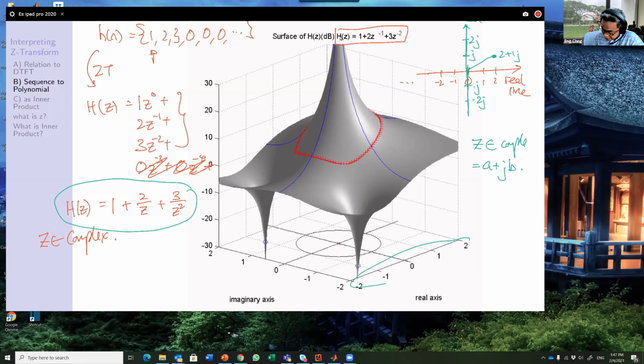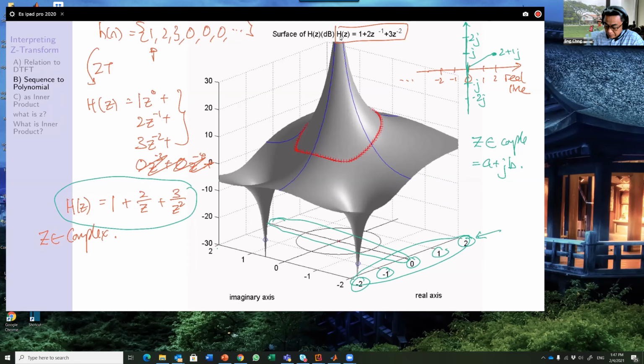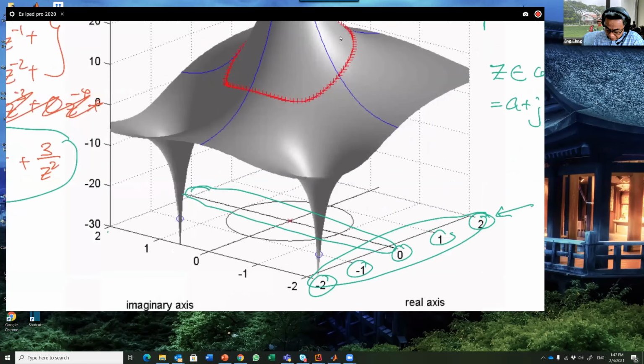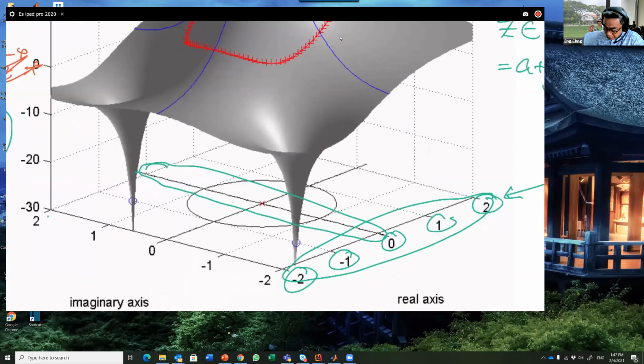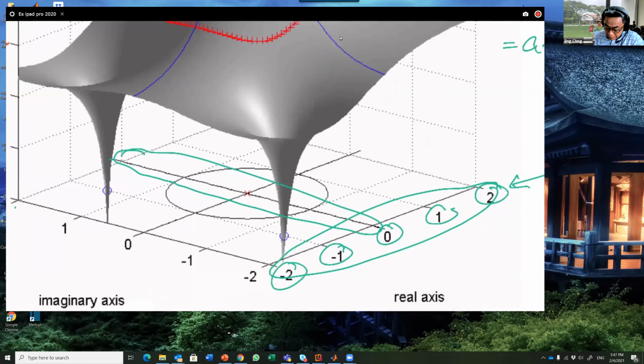Well, this is my real line. This is my 0, 1, 2, minus 1, minus 2. This is my imaginary line. Actually, it's this line, okay, guys? I should use a different color. Now I'm going to color it, so this is my imaginary line.